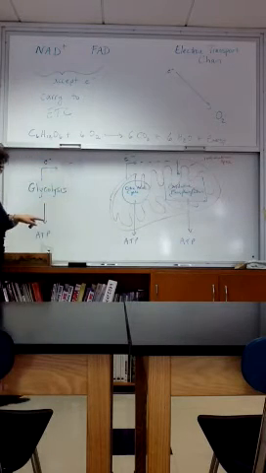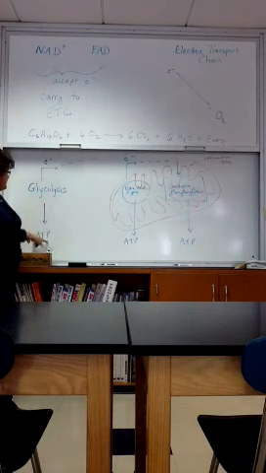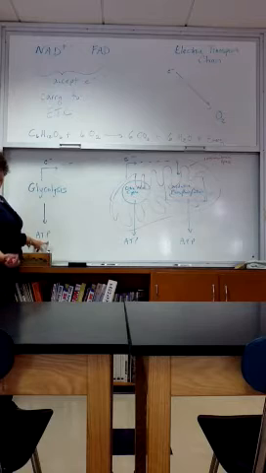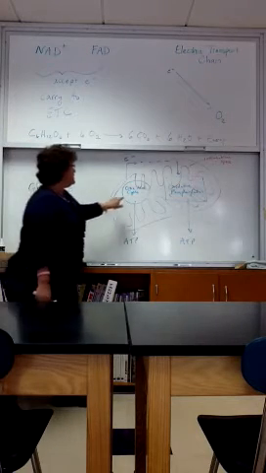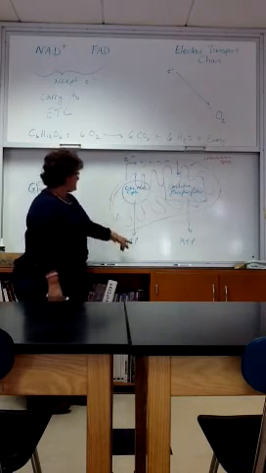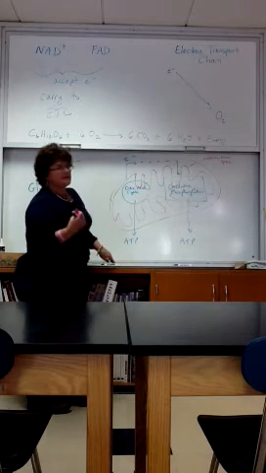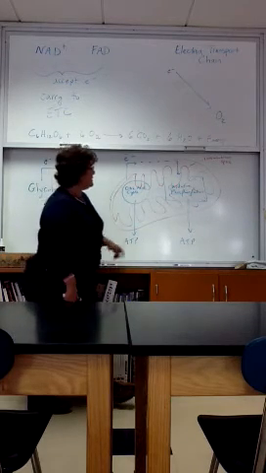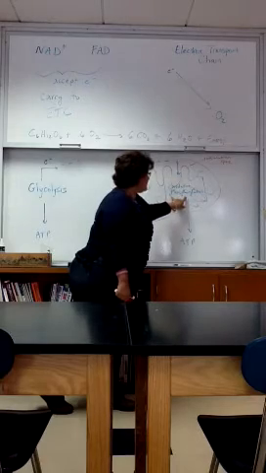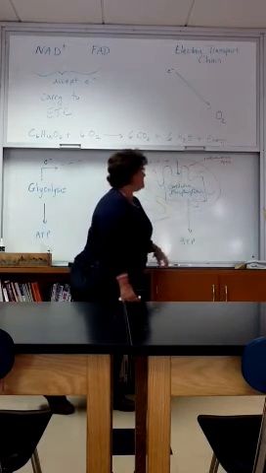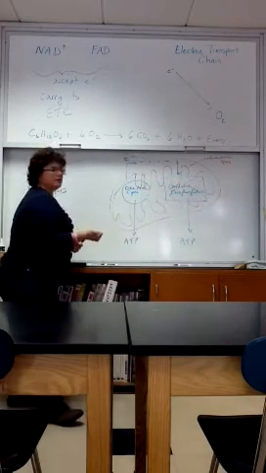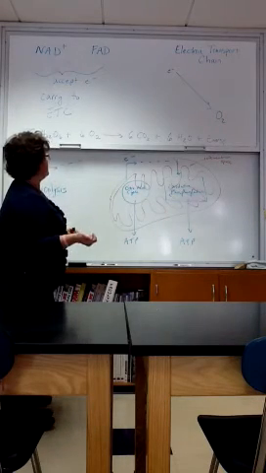So in the big picture again, glycolysis produces ATP through substrate level phosphorylation. The citric acid cycle also produces ATP through substrate level phosphorylation, but oxidative phosphorylation produces ATP through the electron transport chain and chemiosmosis, okay?